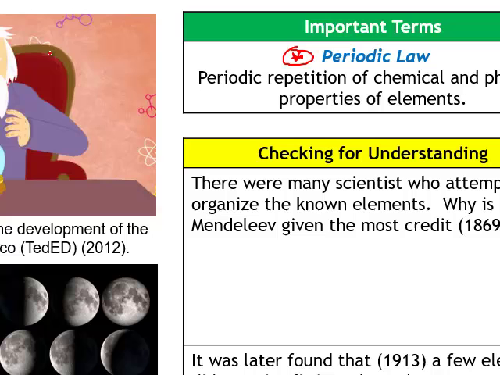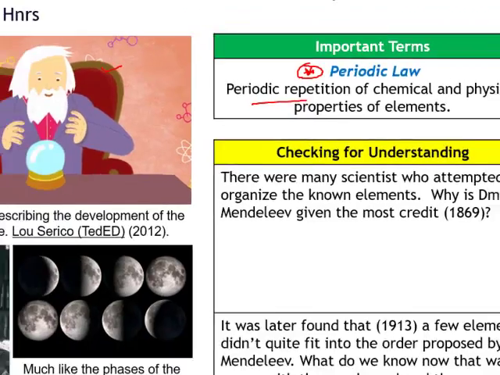He's given credit for the modern periodic table because he left blanks in his original periodic table that allowed for elements that were unknown to him at the time to be placed there when they would be found. And so again, he predicted a whole bunch of elements that weren't known at the time, just based on this idea of repeating patterns of characteristics.